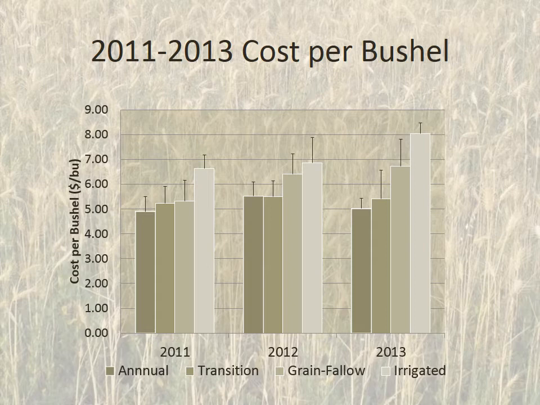You can see in some years the dryland classes aren't that different from each other for cost per bushel. In 2002, the annual and the transition are almost identical. And we'll see this showing up in the results, that they're not significantly different when they're so close.